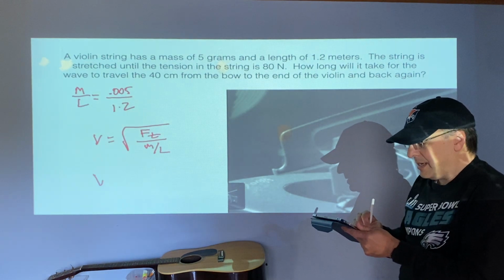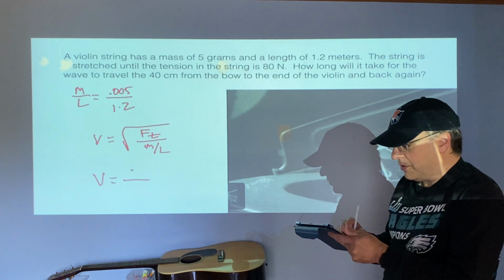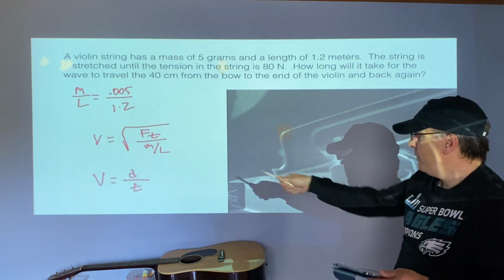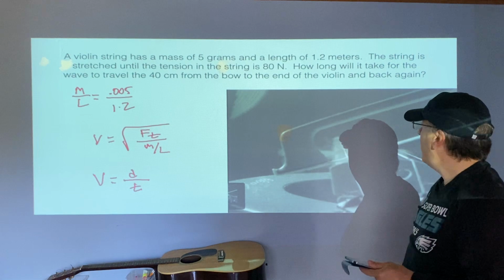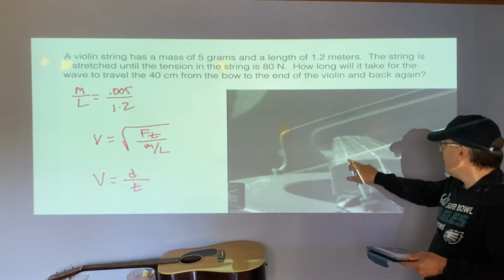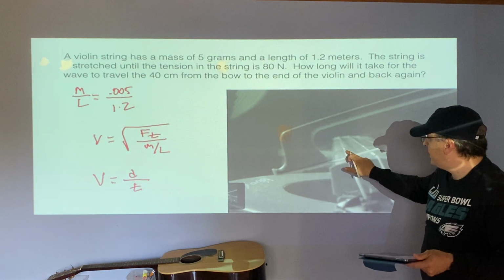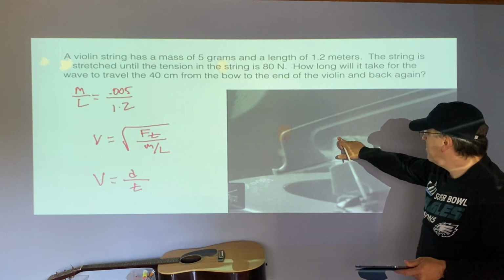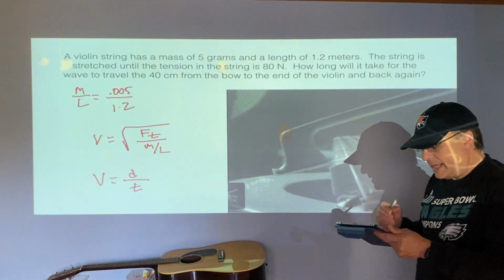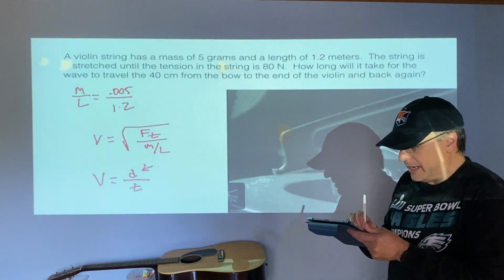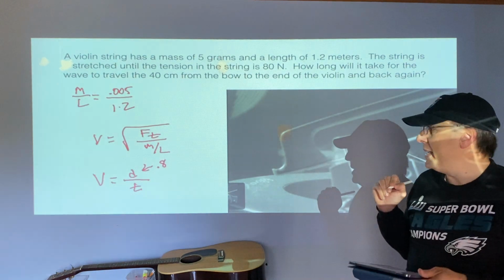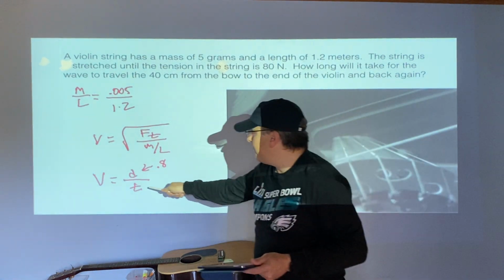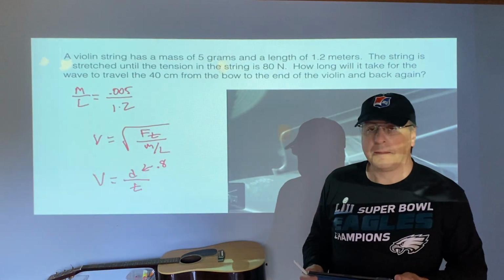Once you get speed, you could then use it in your formula for speed equals distance over time. We're only going to have our wave travel a short distance, 40 centimeters to the end of the violin and back again. So we would put in 80 centimeters, 0.8 meters. And we could solve for how long it's going to take.